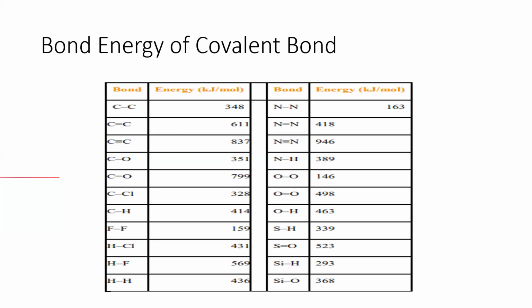So 348. The carbon double bond is 611. The carbon triple bond is 837. Carbon and oxygen is 351, and so forth. You can go down and see all of them. They are tabulated, but there are some other ways that we use to calculate those bond energies.